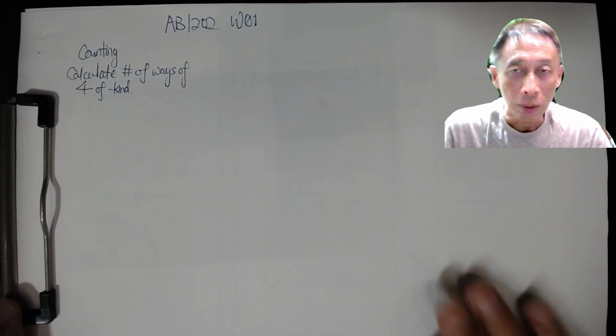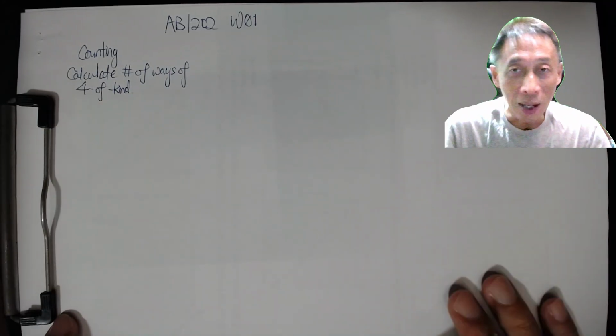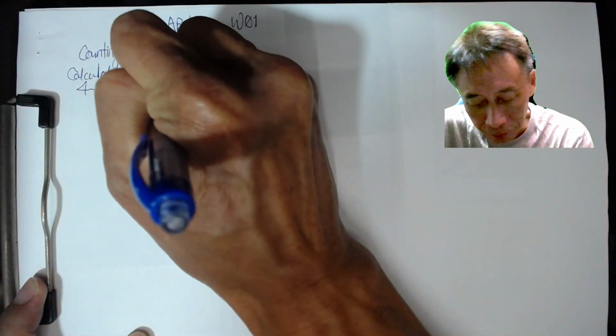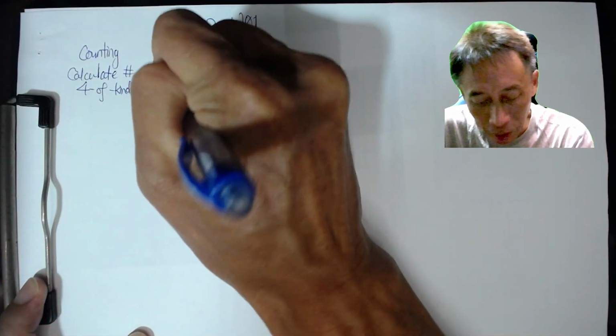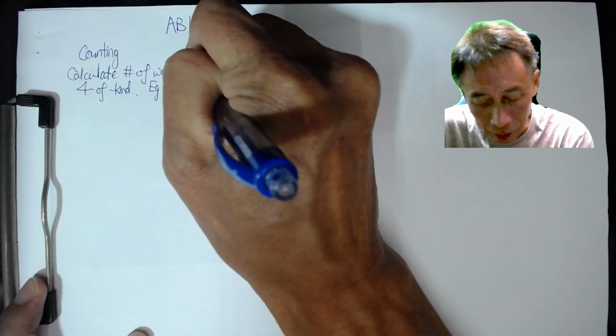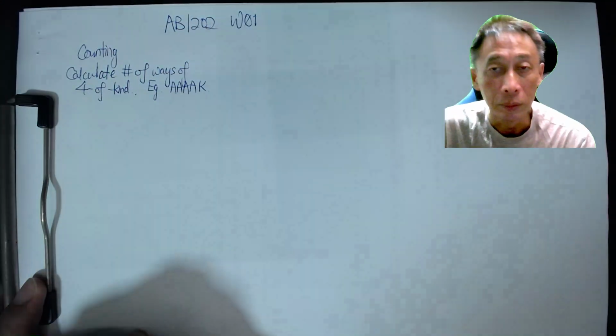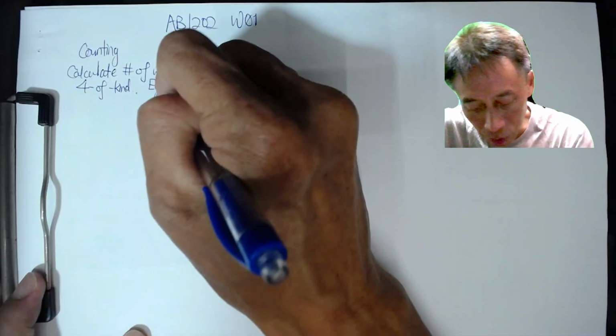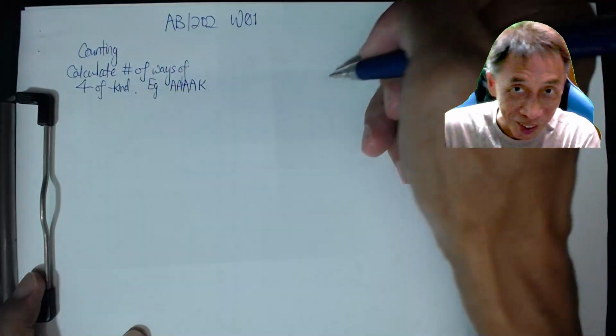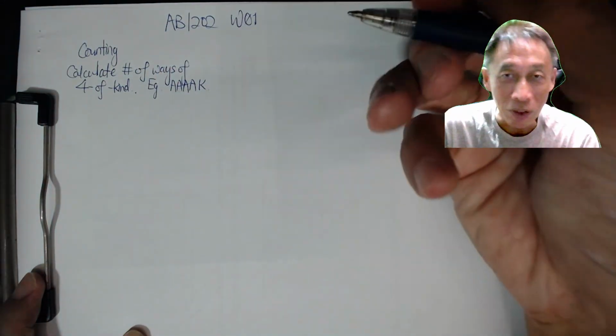So just 52 cards, prim and proper. Four of a kind, what is that? That means you have, for example, A, K. You can also have K, A, of course, but that's considered one.